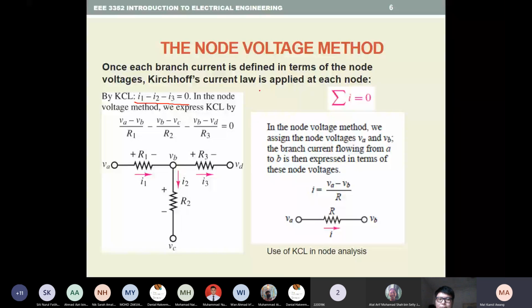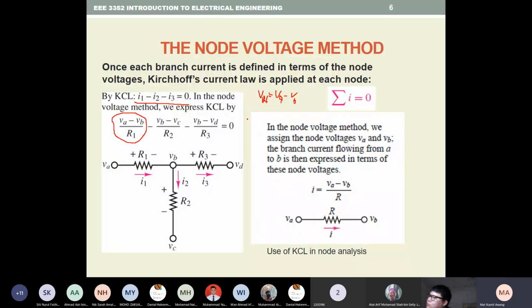So basically the voltage across R1 is equal to VA minus VB. So it is the voltage, but we want the current. This is the term for I1.